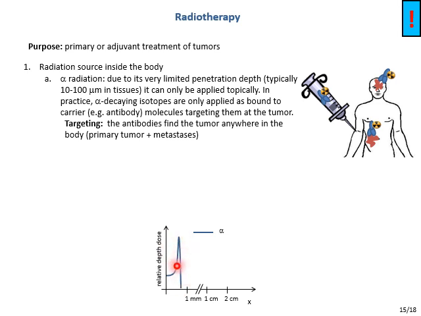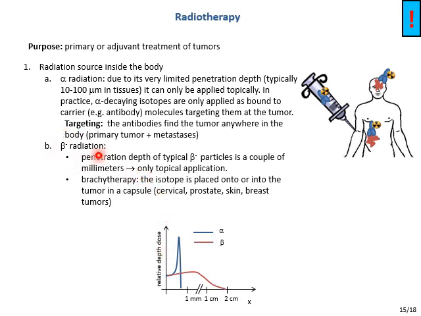So most of the damage is done by the alpha particle very close to the end of its path. This peak is called the Bragg peak, which is characteristic for alpha particles. And as you're going to see in the next slide, it also characterizes proton radiation.